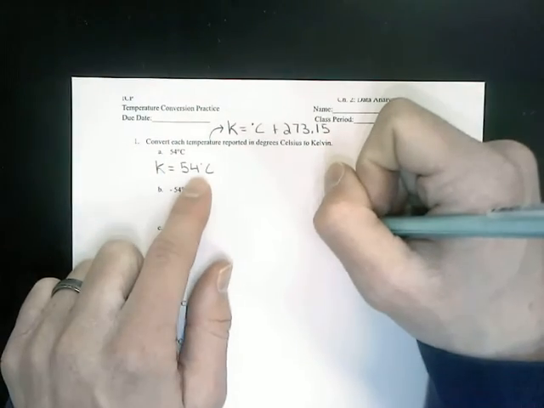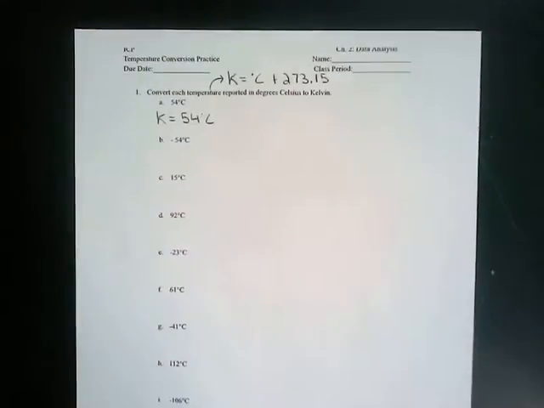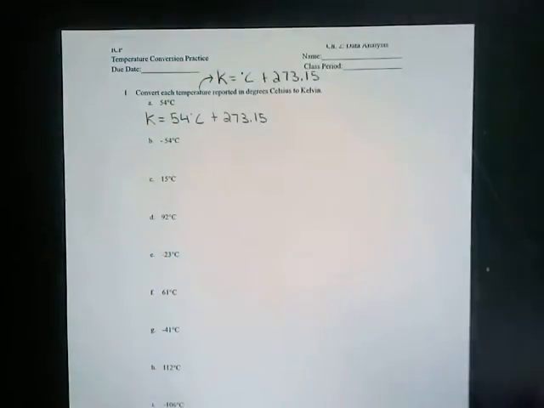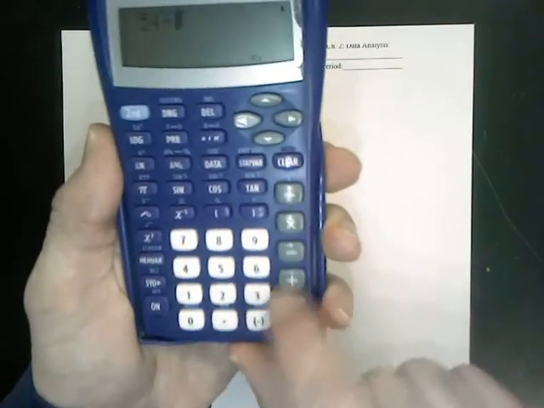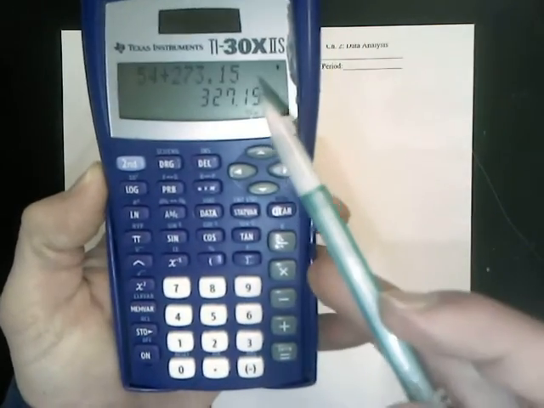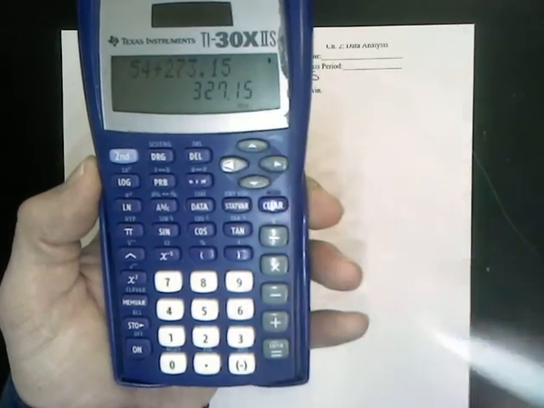And what we do to that degrees Celsius temperature is we add 273.15. And we plug this into our calculator. So we have 54 plus 273.15. We press enter, and our Kelvin temperature here is 327.15 Kelvin.